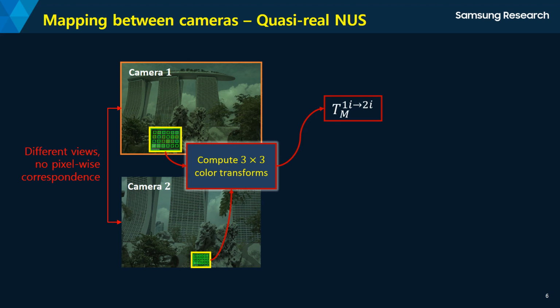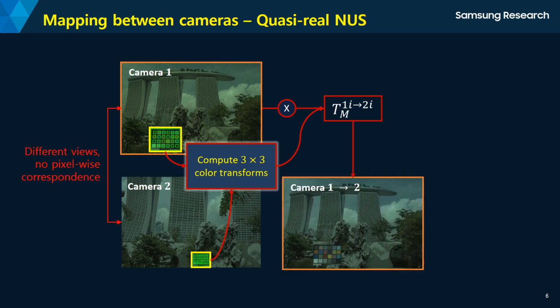To solve this problem, we compute a color transformation based on the corresponding color chart values that maps from camera 1 to camera 2. Then we apply this transformation to the image from camera 1 to obtain the corresponding image from camera 2 with pixel-wise correspondence.